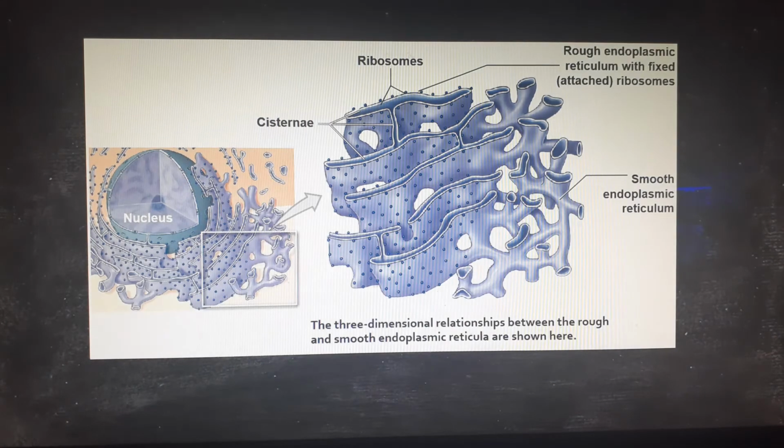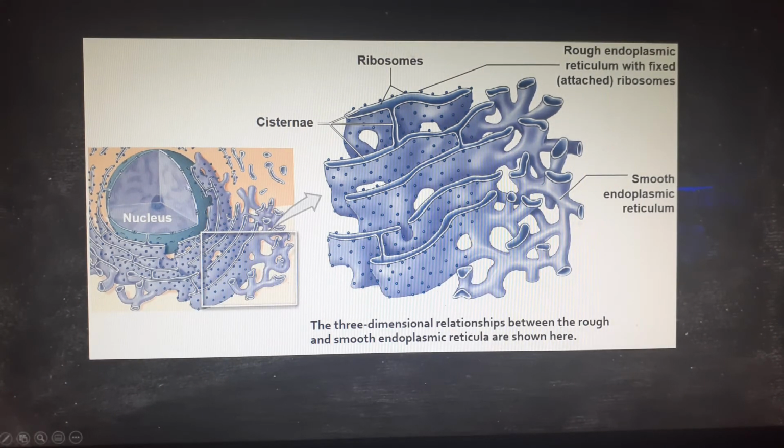So here's a diagram. Over here you see the nuclear envelope. It's a little bit darker blue, and it has these little branches that go off, and then it folds back and forth. And in some places we see these darker circles. Those would be the fixed ribosomes making this rough ER. And then out here at the fringes, it changes shape and gets more pipey, less flat.